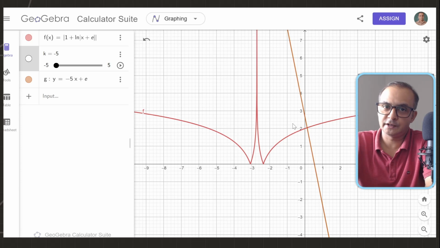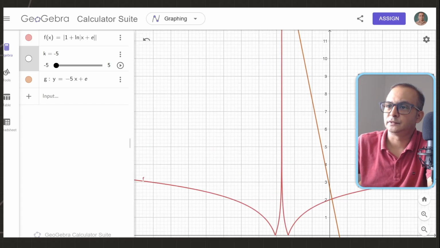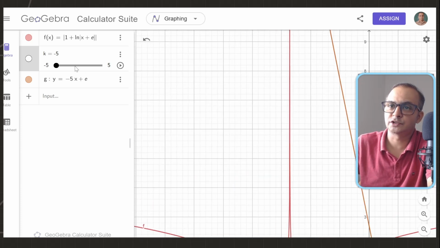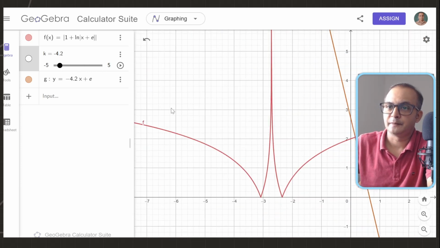So maybe we are not getting 0 solutions or 2 solutions, but we are getting exactly 3 solutions. There are no 4 solutions, because for 4 solutions I have to make the k value 0. Anyway, now I also have to take k is equal to 1.